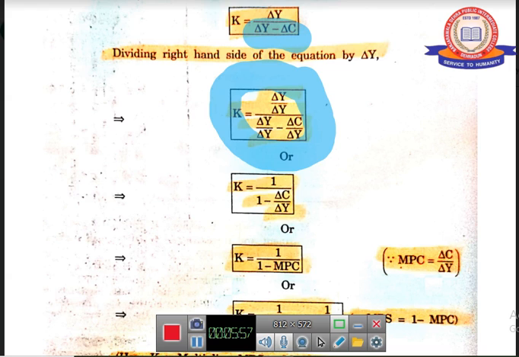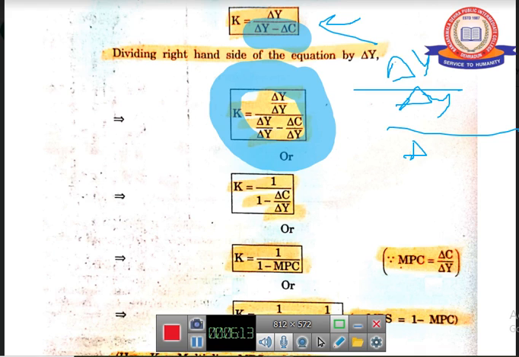How? See here, the equation was like this, del income upon del income minus del consumption. So we have divided del Y with del Y, so del Y upon del Y minus del consumption upon del income.